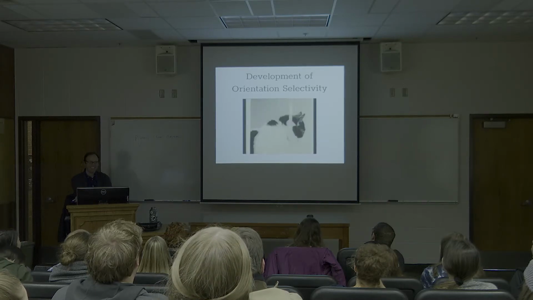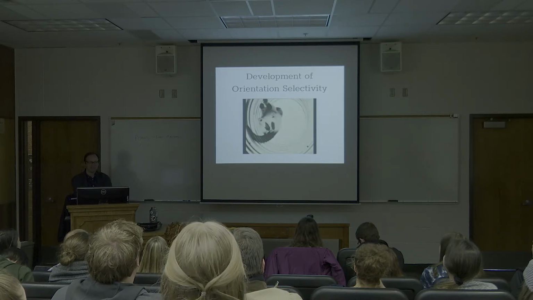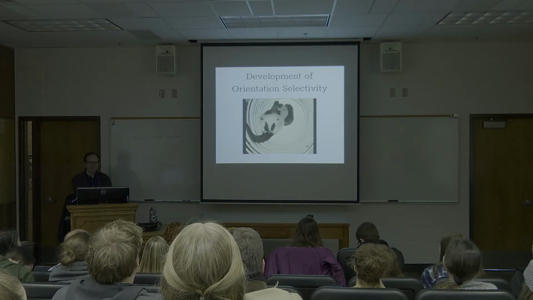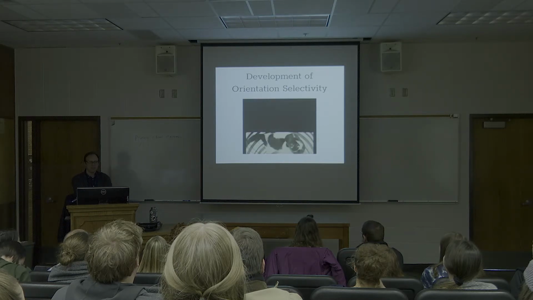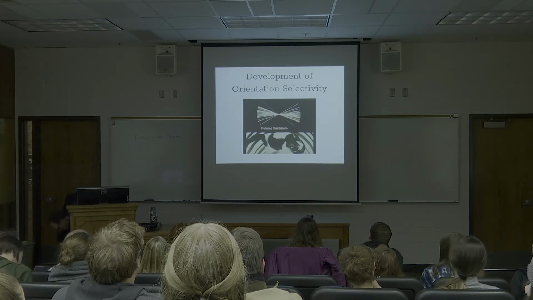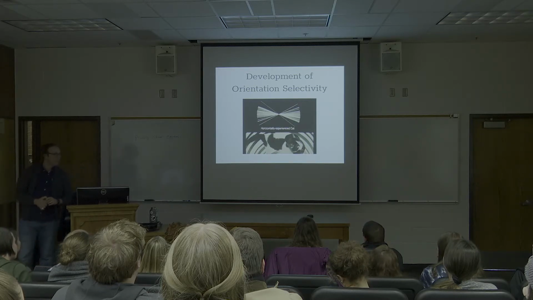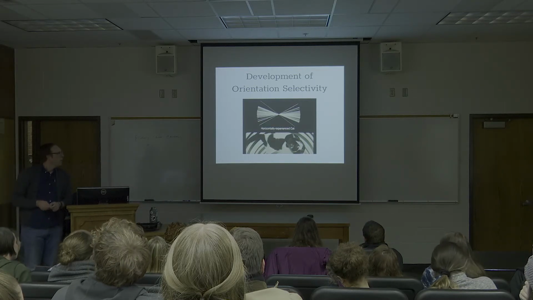Remember that this kitten saw only horizontal stripes when it was young. If we record from the cortex in a cat like this, we find that there are no neurons that prefer vertical edges. The cells will only respond to those orientations which the kitten saw when it was very young. Presumably, this explains the animal's unresponsiveness to vertical contours.